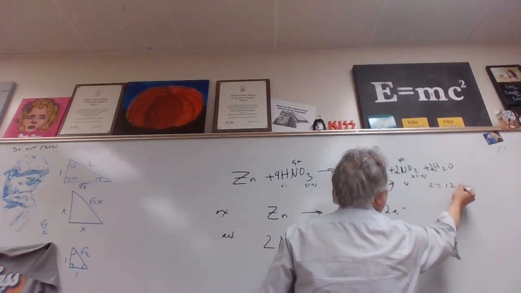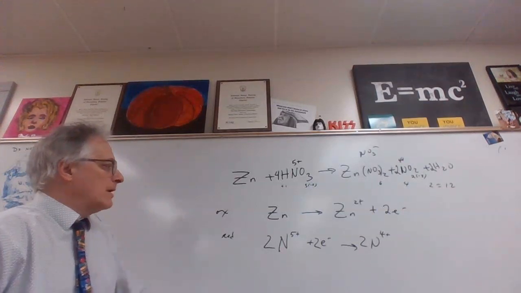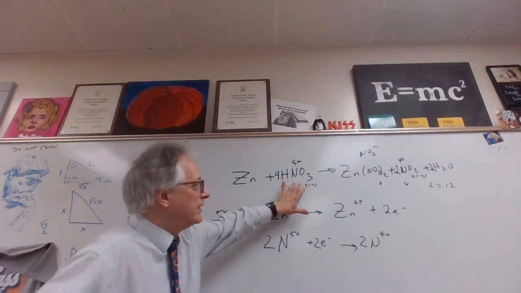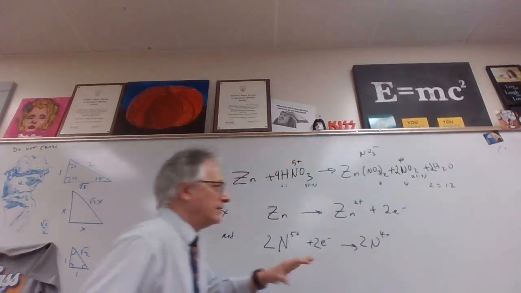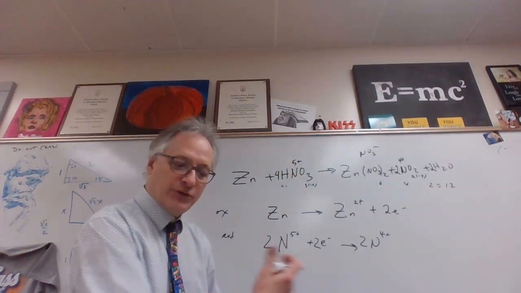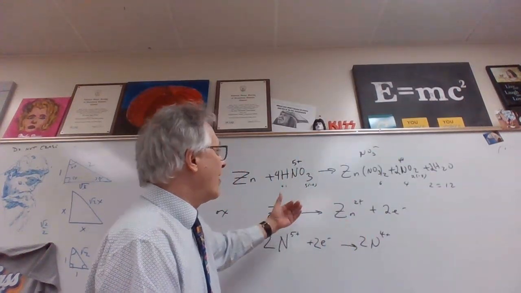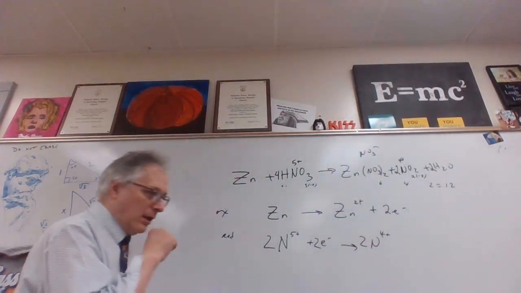This is equal to 12 oxygens. So everything is balanced at that point. This was kind of tough because you have nitrate here, you have nitrogen dioxide here, and so you have these nitrogens doing 2 different things. 2 of them aren't changing, and two of them are. So that's one example. Let's go through another one.